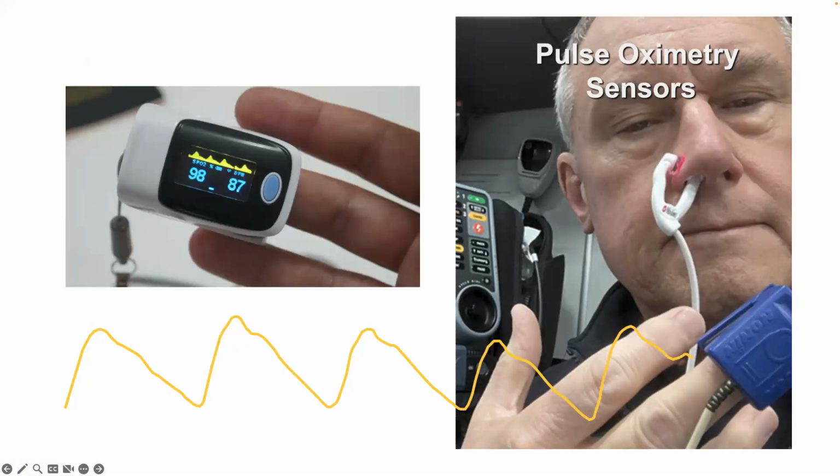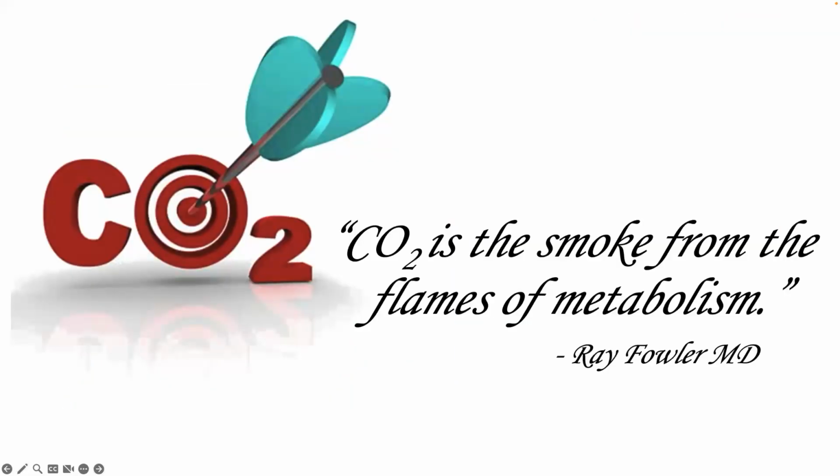Okay, pulse ox. We talked about the pulse ox, the different pieces, finger, nose, all that stuff. Versus the CO2. Again, the CO2 is what the body uses as the chemoreceptors. That's what it uses to figure out what do I need to do. This is why our COPD patients have issues with CO2, because they can't regulate it properly.